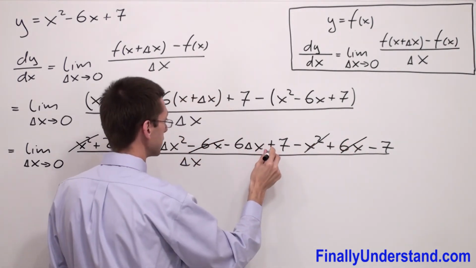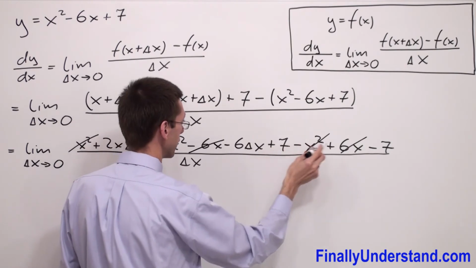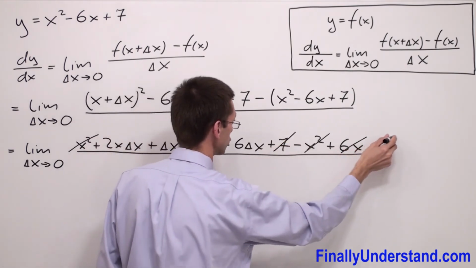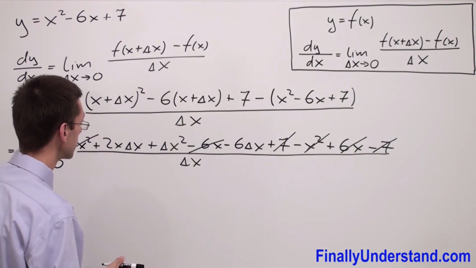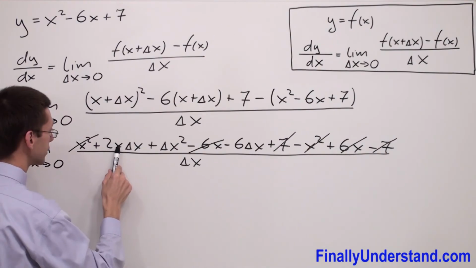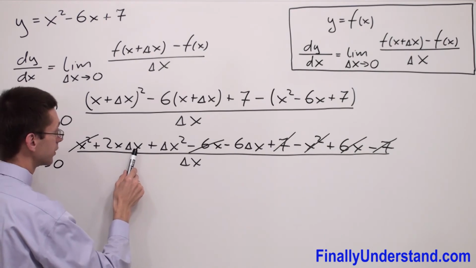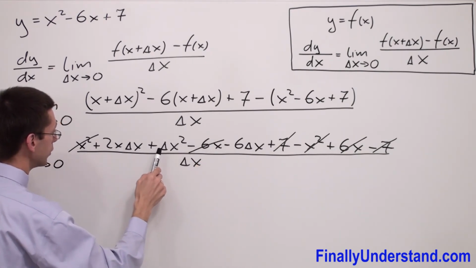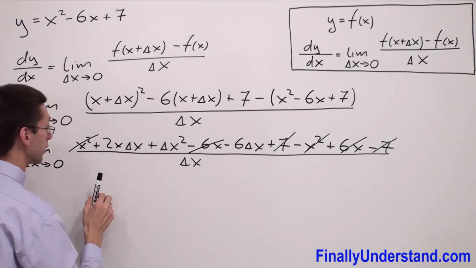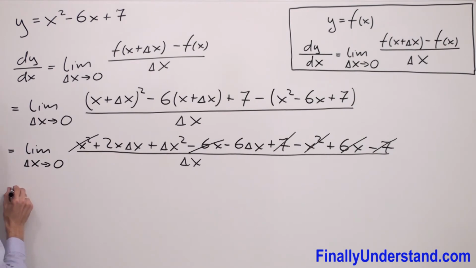I have positive 7 and negative 7 that are going to subtract each other. And let's take a look what left. 2x delta x, and we have negative 6 delta x, and we have delta x squared.